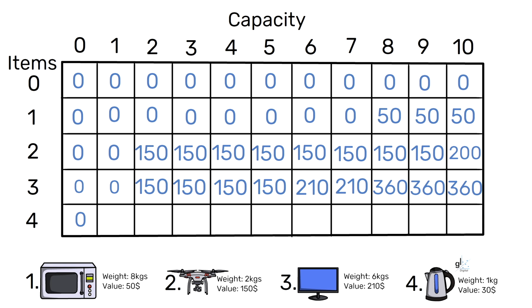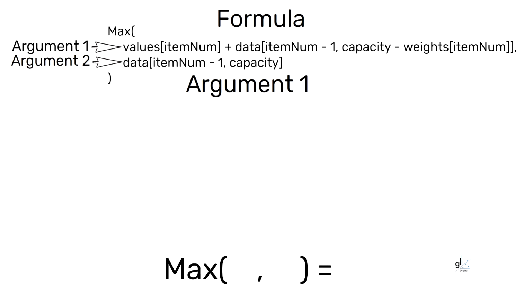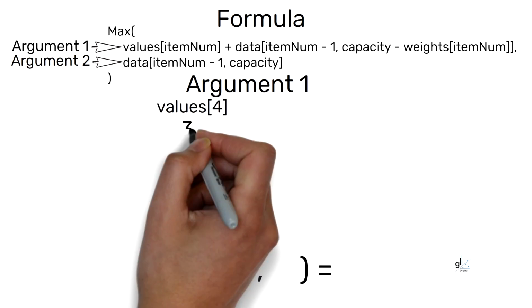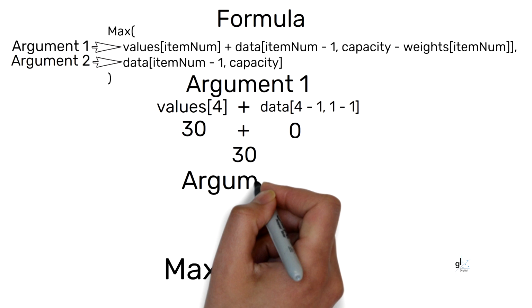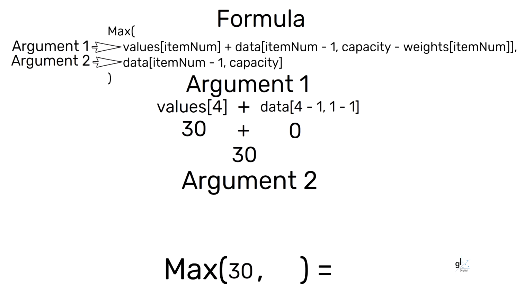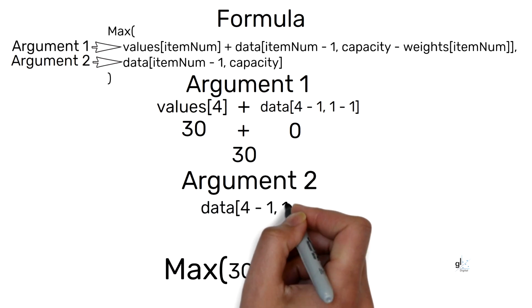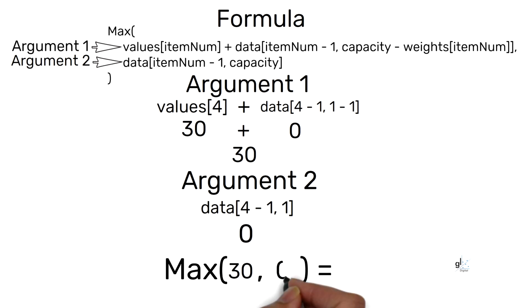So the first argument passed into the max method is the value of the considered item. So the value of the kettle is 30 plus 0, which gives us a value of 30. The second argument passed into the max method is the value recorded above the current cell, which is a value of 0. So we can record 30 in the current cell.